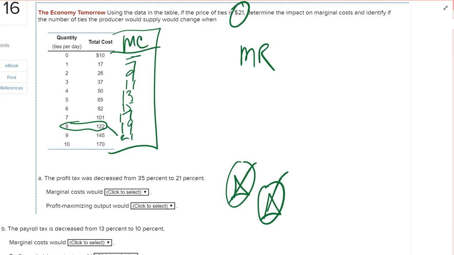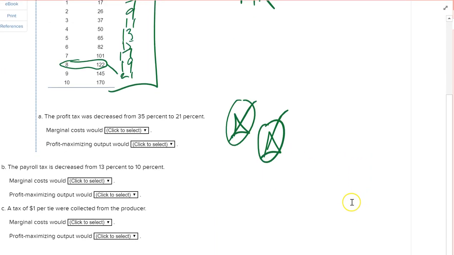And then B says, again, we're going to ask ourselves what would happen if the payroll tax is decreased from 13 to 10%. Now that's different. Payroll tax is going to affect the cost of production, particularly the payroll costs. So it's going to decrease marginal cost because part of my total cost figure is the cost of my employees and the payroll tax I pay as the employer. So it's going to lower marginal costs.